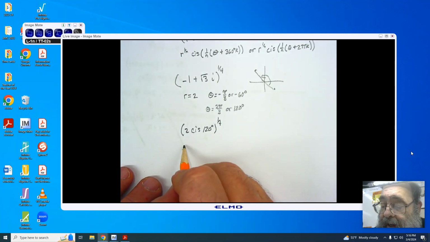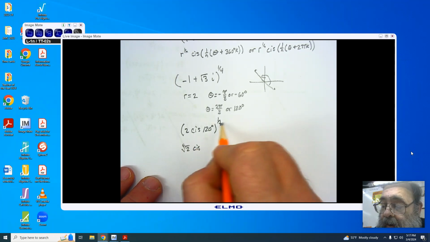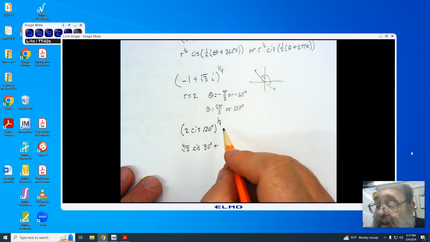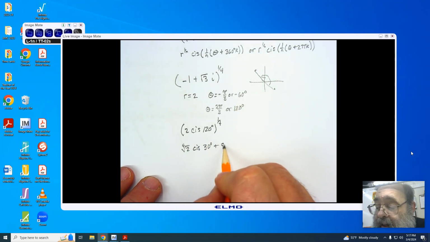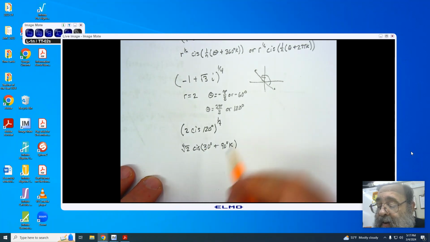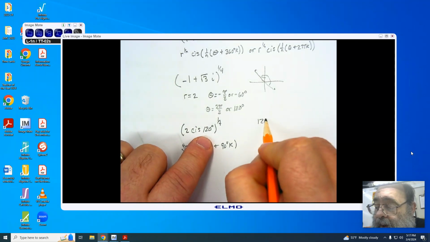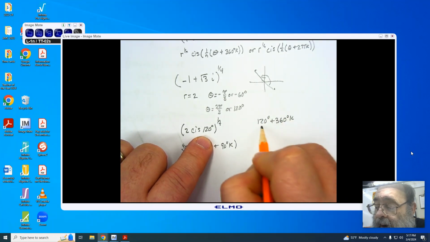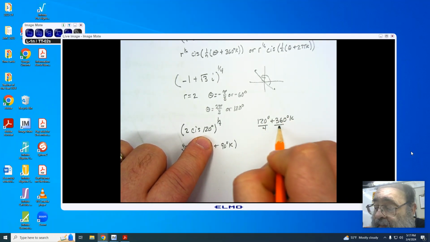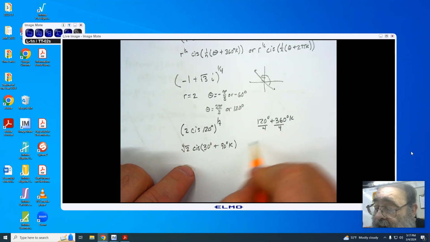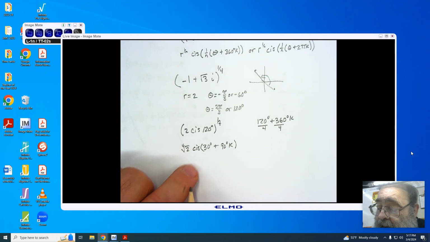We're now looking at the fourth root of 2 cis 30 degrees plus 360 divided by 4 is 90 degrees times k. Notice how I did that. I took 120 degrees plus 360 degrees k, and I divided both sides by 4. That's multiplying by 1/4. I ended up getting the 30 and then 90 degrees.